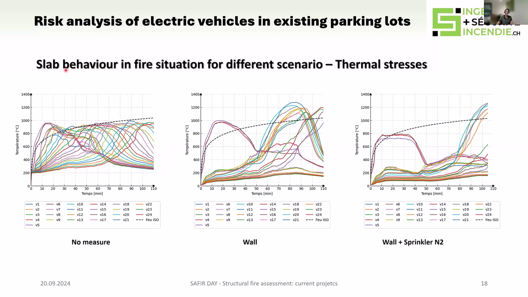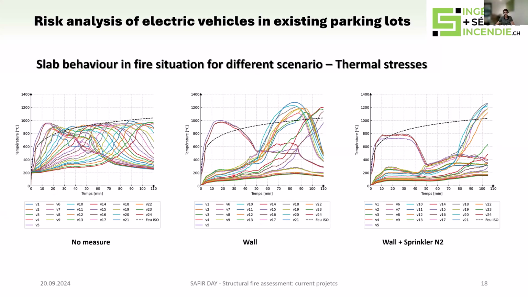Here are the results in terms of thermal stresses and adiabatic surface temperature. One other interesting output with the existing situation is that the AST curves fit quite well with the ISO fire curve, which is quite consistent with the standard fire scenario if we have no specific measure.